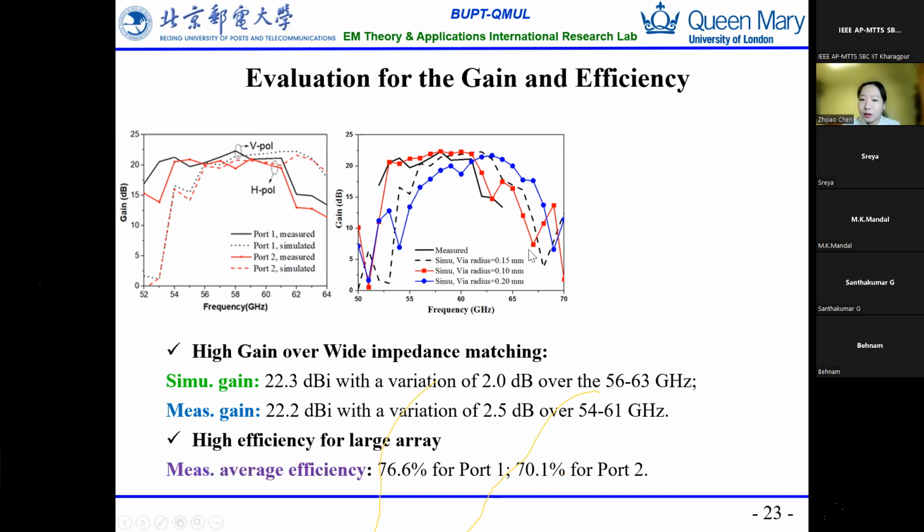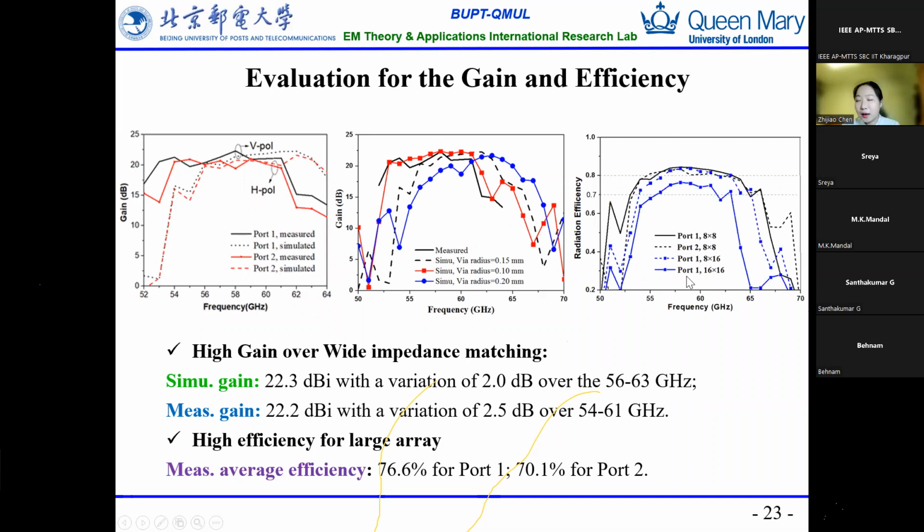After that we also designed another antenna with 60 by 60 elements, and we were very happy to find that the antenna efficiency is still higher than 70% by scaling this antenna, because it has a very simplified feeding network.